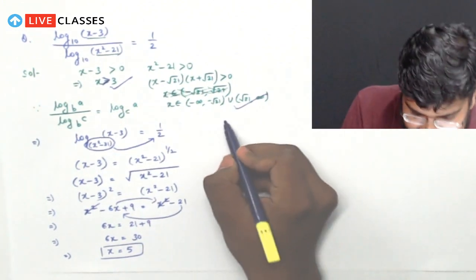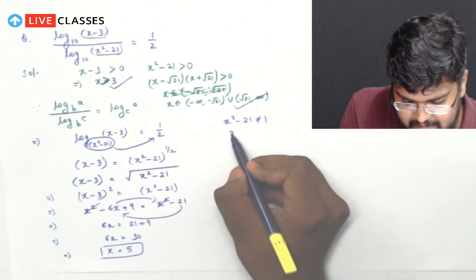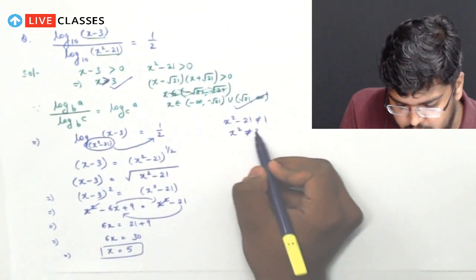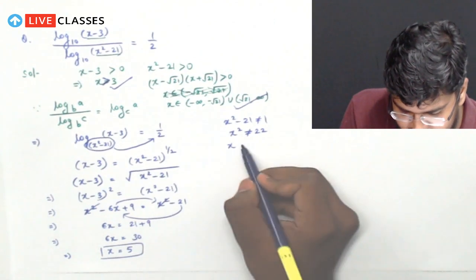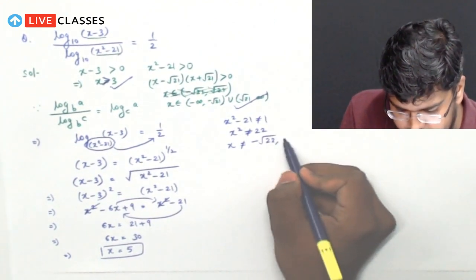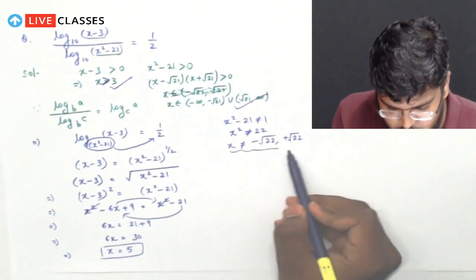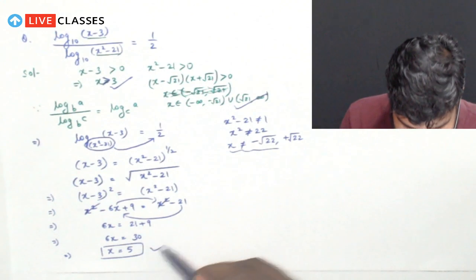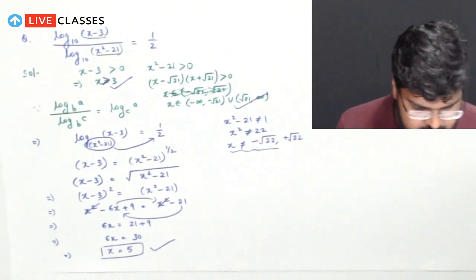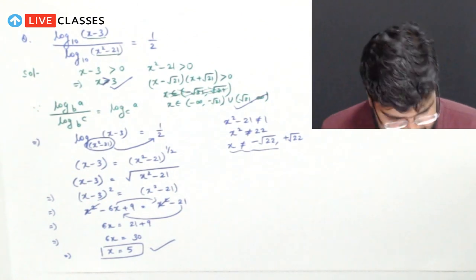And finally, x square minus 21 cannot be equal to 1, so x square not equal to 22, or x cannot be equal to minus square root 22 and plus square root 22, which is pretty much plausible in this case. This means x is equal to 5 is the solution of the given logarithmic equation.